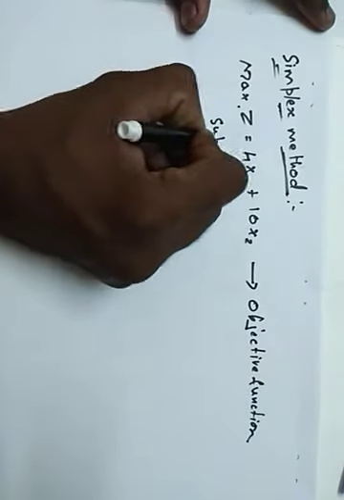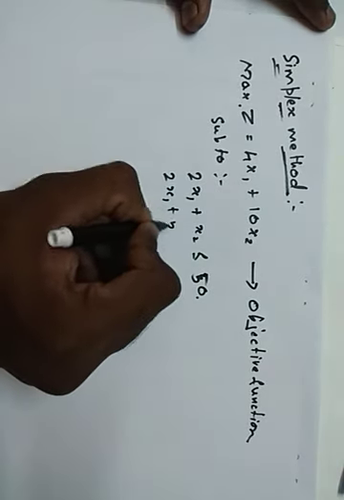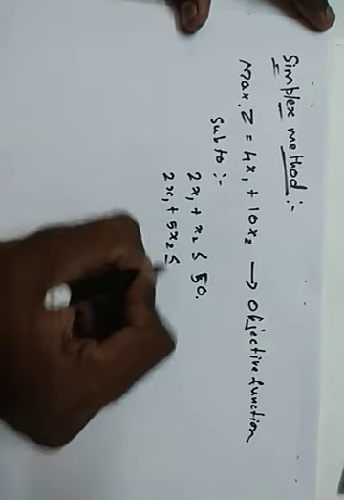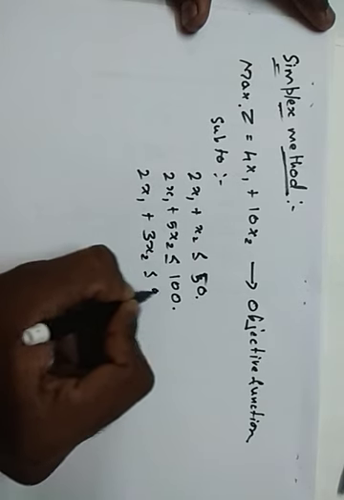will be given as 4x1 plus x2 less than or equal to 50, and 2x1 plus 5x2 less than or equal to 100, 2x1 plus 3x2 less than or equal to 90.